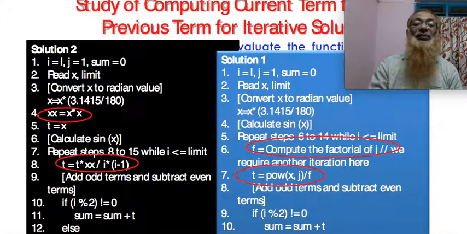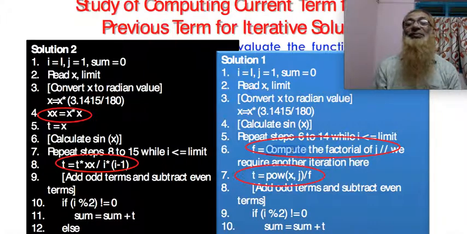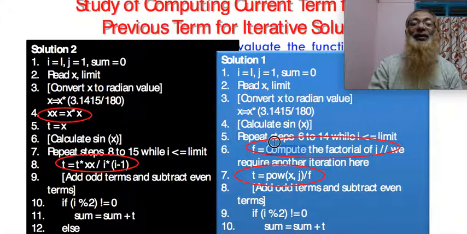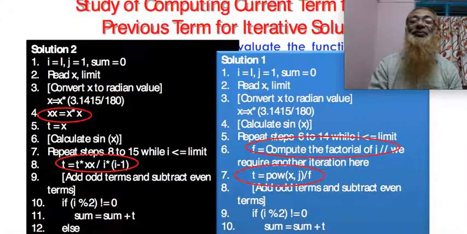See here this portion. In solution 1, we tend to compute the denominator of each term from scratch. And the same thing is being done in the power calculation also. X raised to 1 is computed.